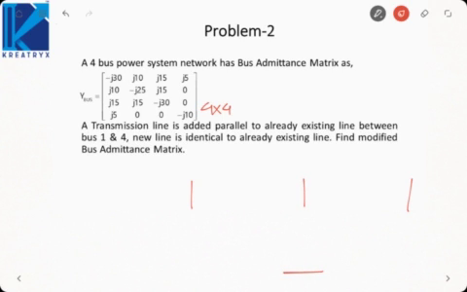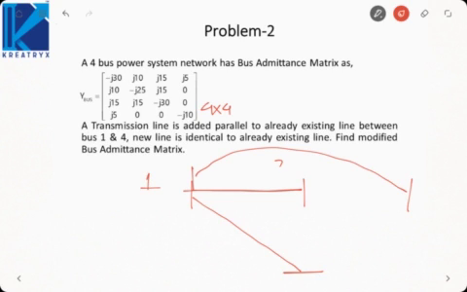Y12 is non-zero, so there is a line between 1 and 2. Y13 is non-zero, so there is a line between 1 and 3. Y14 is non-zero, there is a line between 1 and 4. Now Y23 is non-zero, there is a line between 2 and 3.